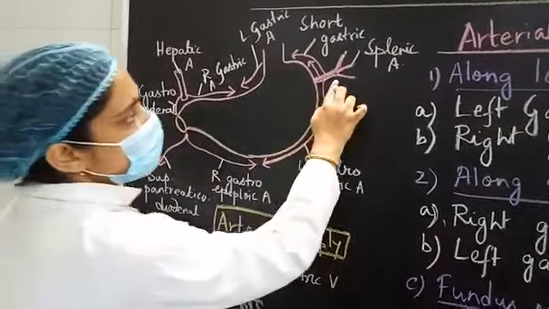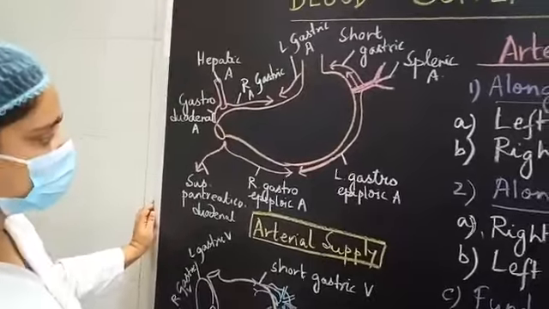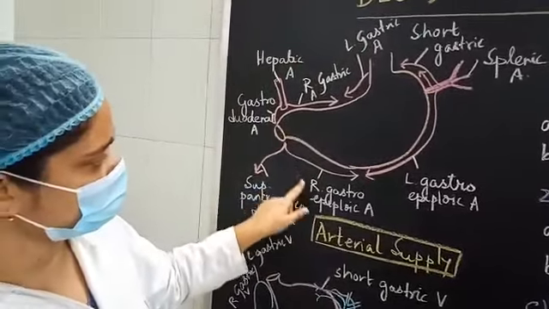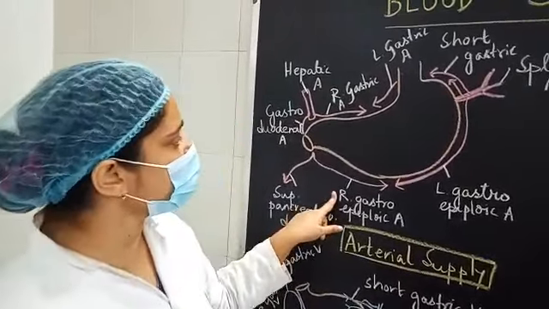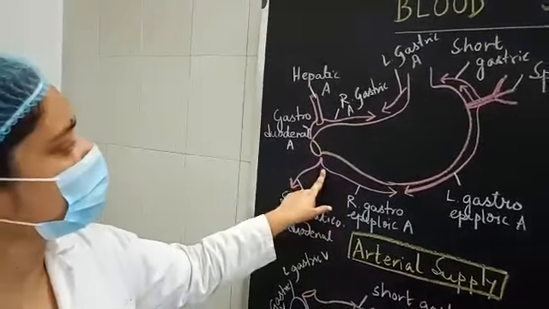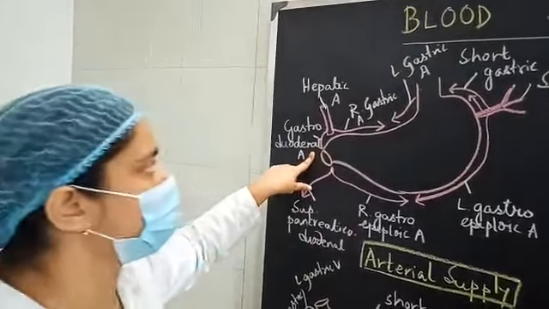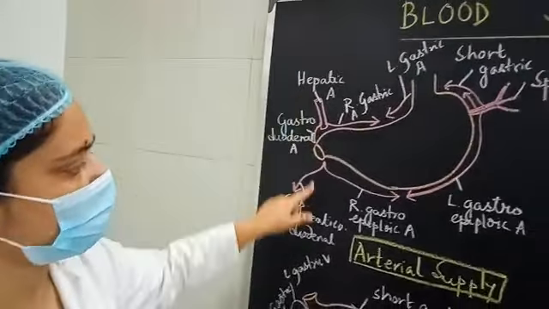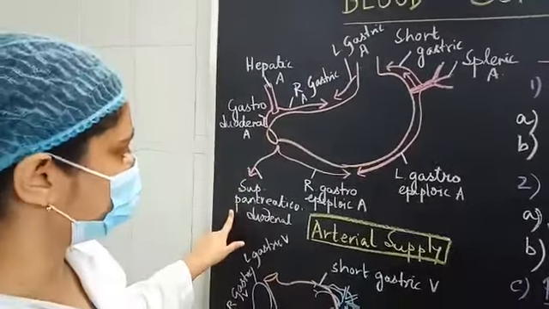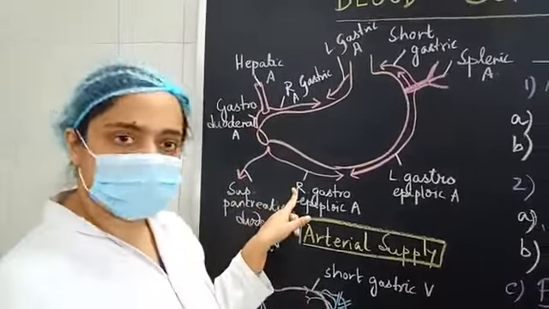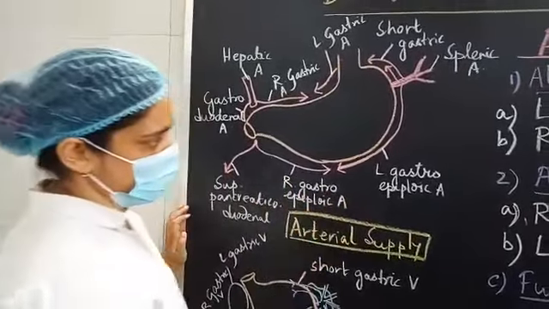It is a direct branch of splenic artery, which is again a branch of celiac trunk, and this is right gastroepiploic artery. Right gastroepiploic artery is what? It is one of the two terminal branches of gastroduodenal artery arising from this hepatic artery. These are the two terminal branches, one being superior pancreaticoduodenal and one is right gastroepiploic artery. We are concentrating on this artery.